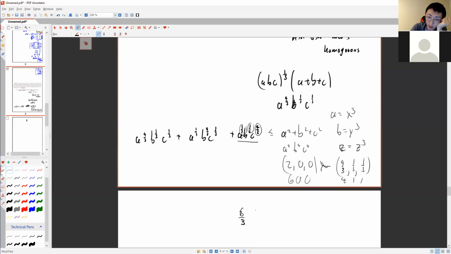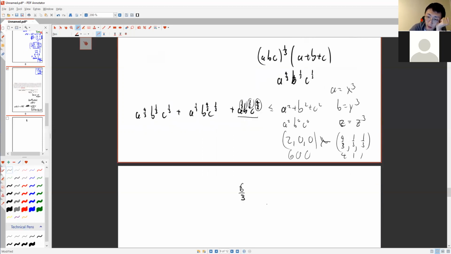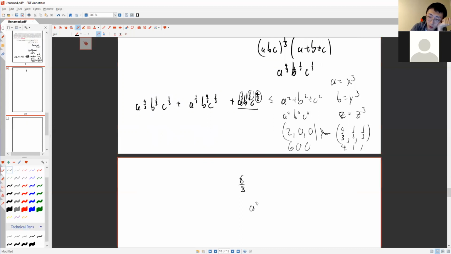So this is 6/3, so maybe we want to break it into 6 parts. If the a squared is broken into 6, then I want it to be in the proportions 4, 1, 1. So we need some constants here, like alpha 1, beta 1, gamma 1. I'm thinking maybe this is a good way.